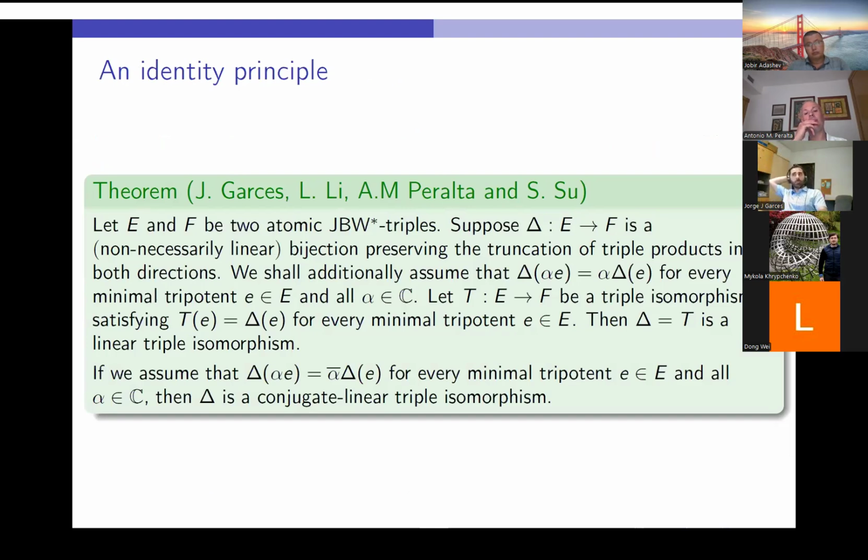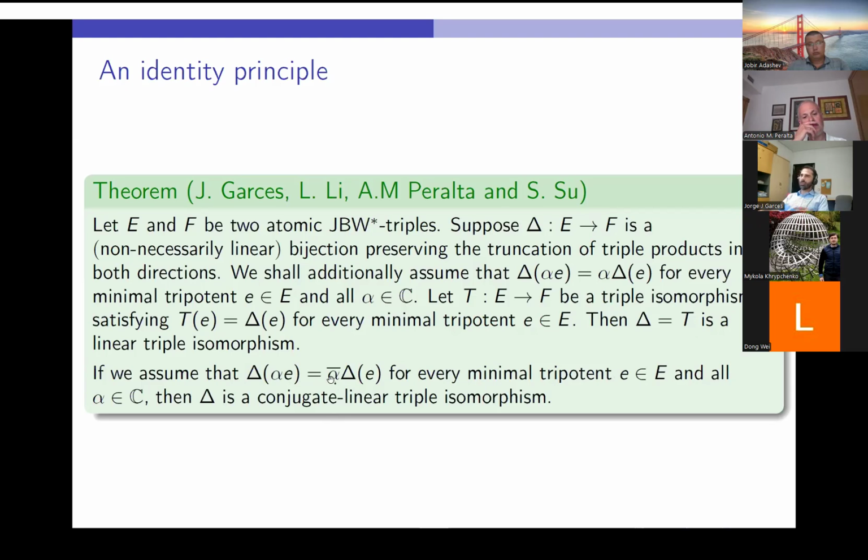This identity principle says that whenever we have delta, a bijection preserving truncations of triple products in both directions, if we already know that delta acts in this form here on every minimal tripotent, so it's linear against multiples of minimal partial isometries, and if we know that it coincides with some triple isomorphism on every minimal tripotent, then actually delta coincides with this triple isomorphism.